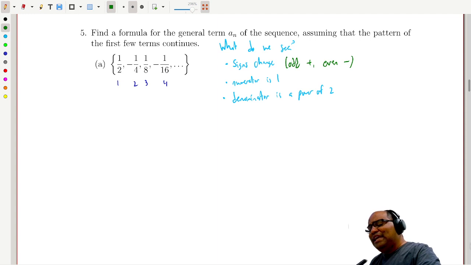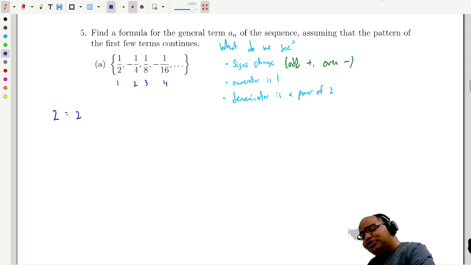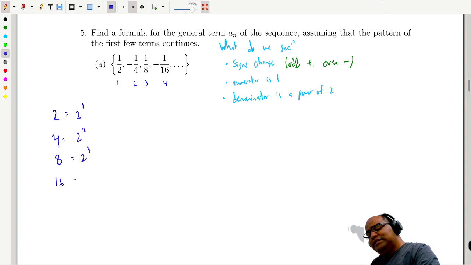Okay, so what's a good candidate here? Well, let's try to see how I can relate those powers of 2 with the term numbers here. Well, I know that 2 is just 2 to the 1. 4, well, that's 2 times 2, that's 2 squared. 8 is 2 cubed. 16 is 2 to the 4.